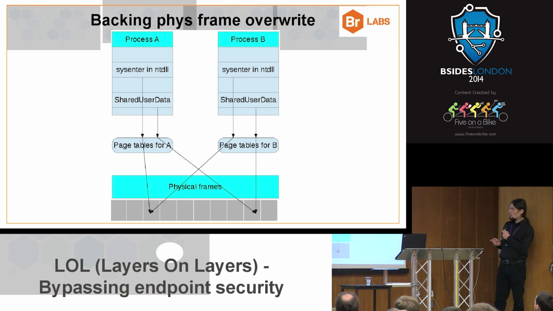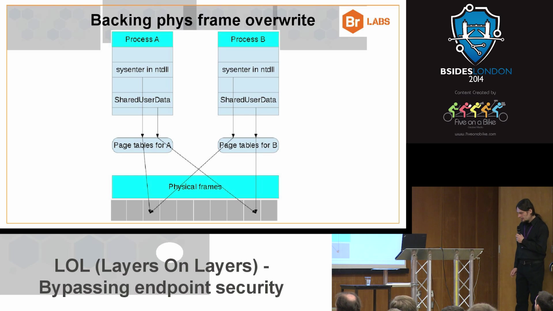When you have read-only memory in any process, it can be shared with other processes. For instance, NTDLL code is read-only, so the page tables are set up so that this location in memory maps to the same physical frame. So you have two different processes, but they all map to the same location in memory.